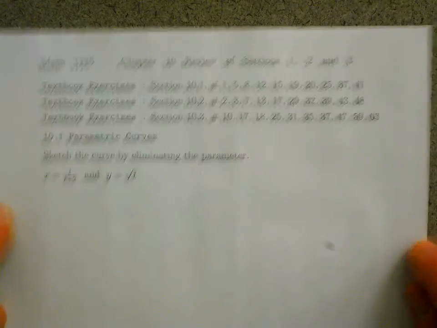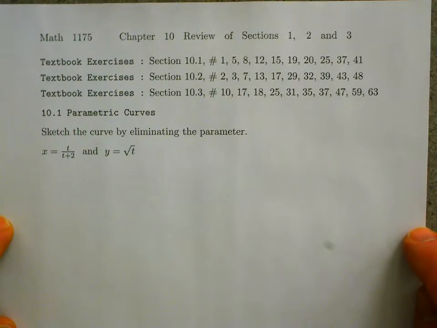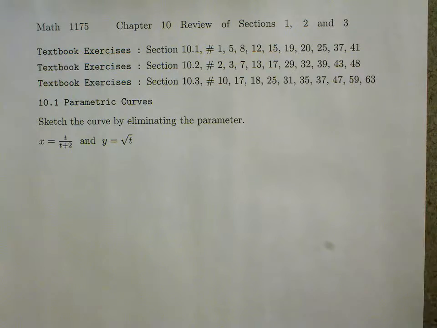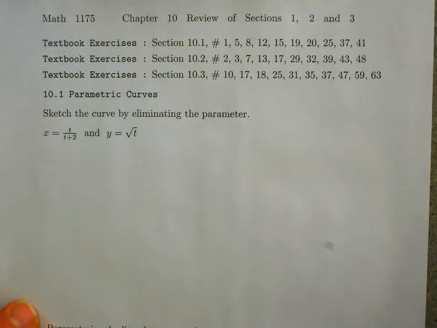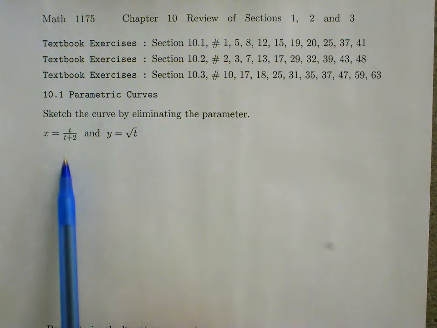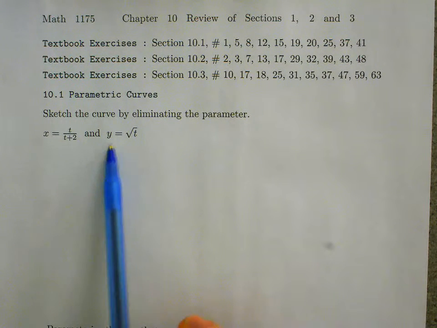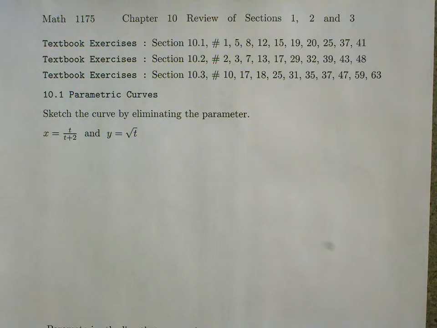Okay, let's move on then to a review of 10.1 parametric curves. So let's sketch the parametric curve by eliminating the parameter. So we have x equals t over t plus 2, and y equals the square root of t.